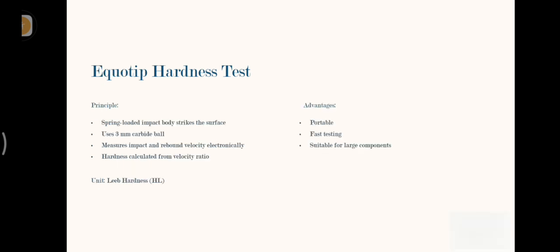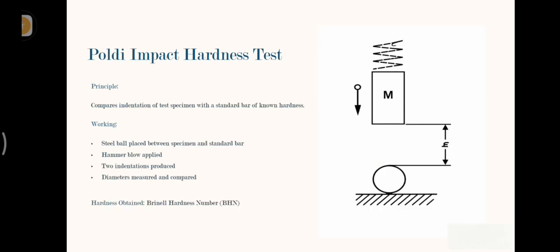The first one is the Equotip hardness test. In this we have a 3 millimeter carbide ball, and we create an impact on a body through this carbide ball. The specimen is kept below, and we apply the force using springs, and we measure electronically how much velocity it has rebounded with.